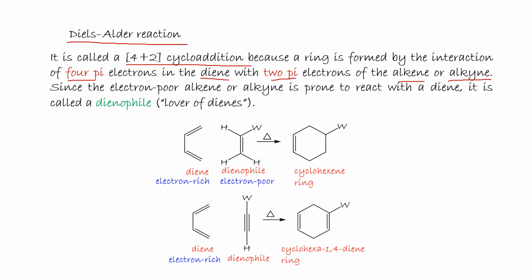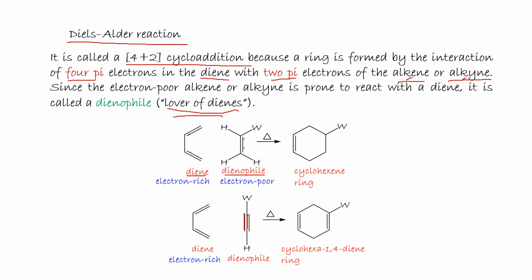Here we have one, two, three, 4 pi electrons, and here we have 2 pi electrons. We call this the diene, and we call this the dienophile, lover of diene. It's usually an alkene or alkyne.